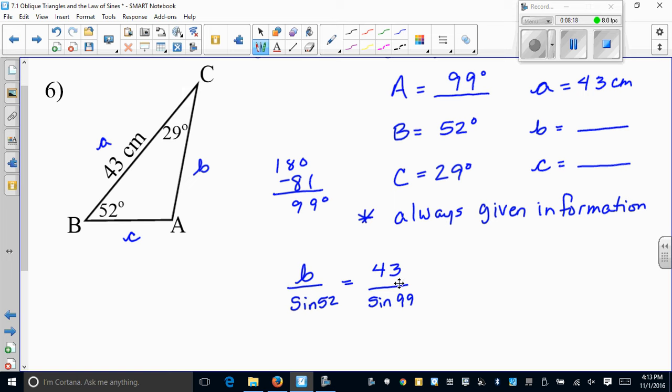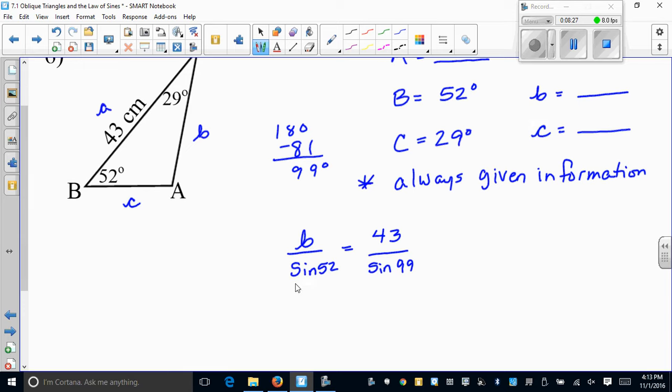Okay, so if I clean this up a little bit, basically multiply both sides by sine of 52. So these cancel out, and we're left with B equals this mess. When you throw this in the calculator, again, make sure you're in degree mode. Make sure you close the parentheses on the 52.